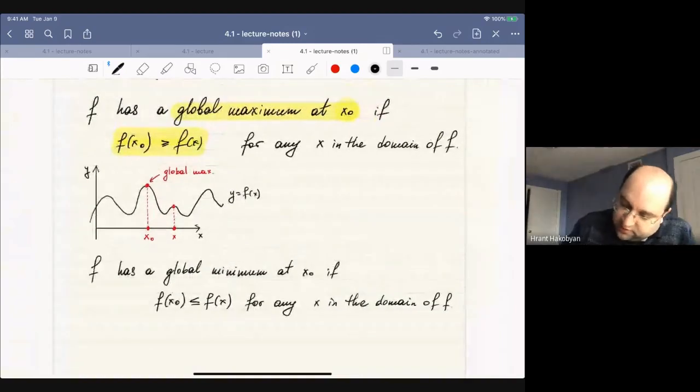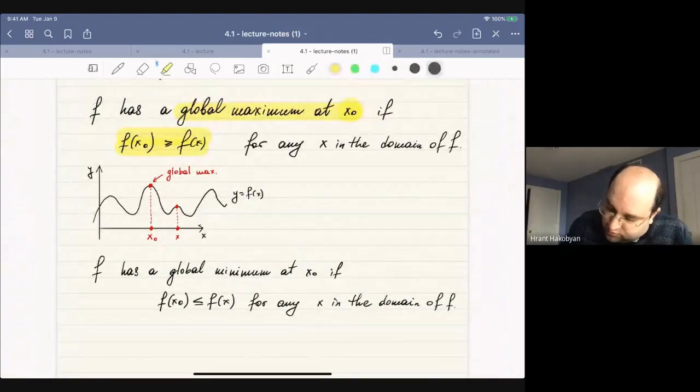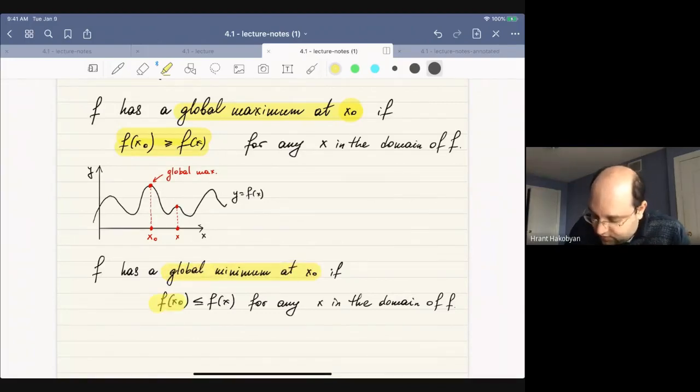Okay, so let's compare. I have here a global maximum if f of x naught is greater than f of x at any point, and it has a global minimum at x naught if the opposite inequality holds. So that's the smallest point. So let's do an example of that, the graph of that as well.